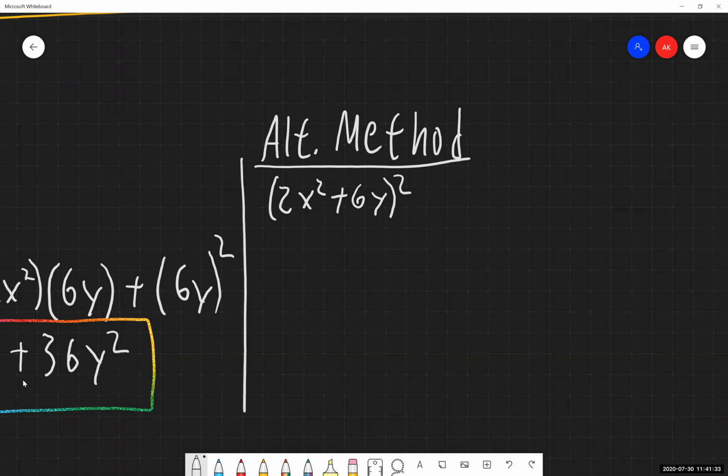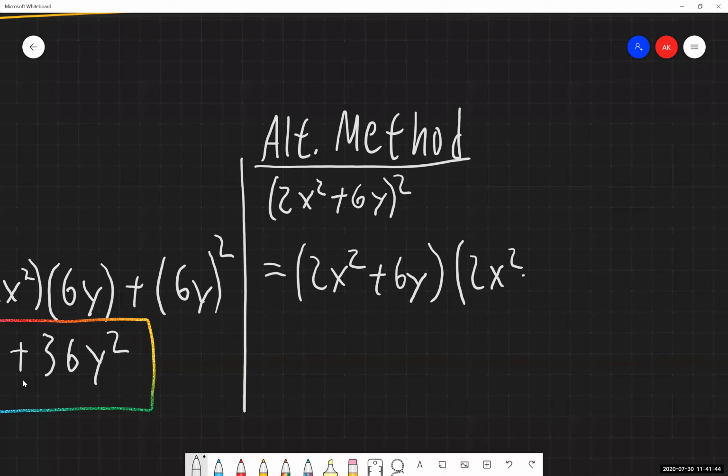So what that means is you could rewrite this in the form 2x squared plus 6y times 2x squared plus 6y. This 2 out front says that everything inside the parentheses, which is its base, is going to multiply by itself twice. So you could expand that out and actually write that base multiplied by itself twice.